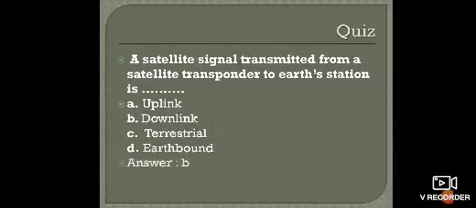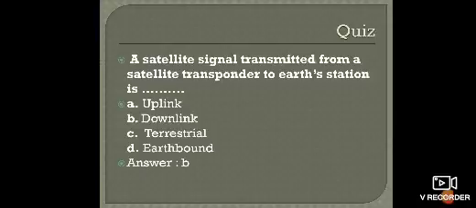That is downlink. Why? Because whenever the signal is transmitted from the Earth station to the satellite, it is called uplink, and a satellite signal transmitted from a satellite transponder to the Earth station is called downlink.